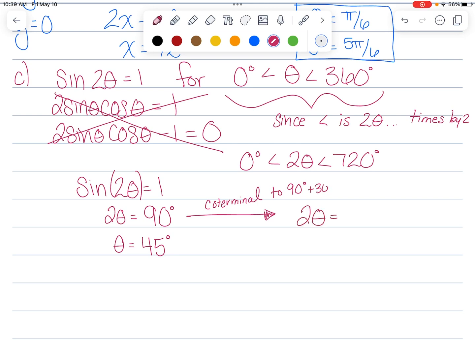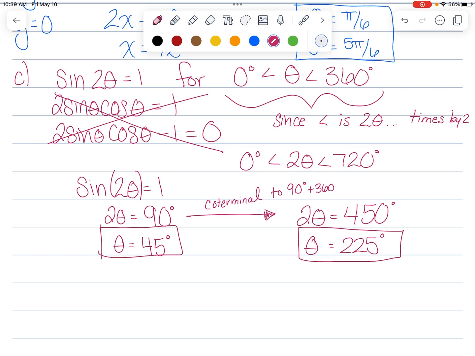But I have to do the coterminal to the 90 and say that 2 theta could also be equal to 450 degrees. Divide by 2 and you get 225. So you do the coterminal to the version of the angle that you essentially did inverse trig on. And you're doing inverse trig when you're using your unit circle to say it's this angle.